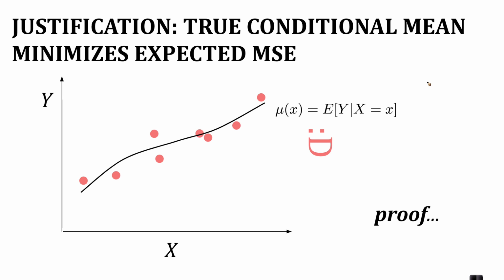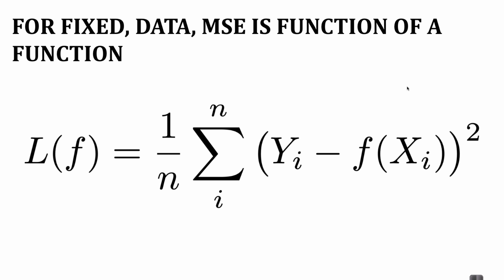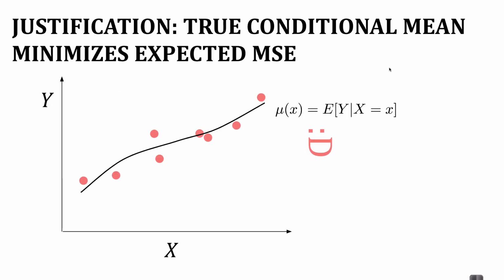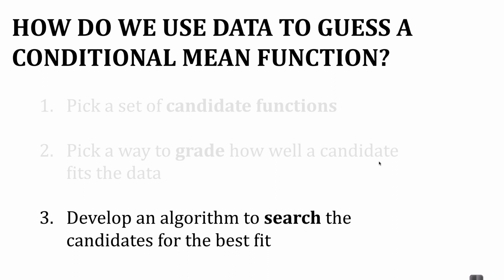We need a way of coming up with a rubric. If our star applicant doesn't actually get the best score for our rubric, then it's not really a good rubric, right? So that's what we're showing here, that this rubric that we have, mean squared error, actually gives us this thing that we're looking for: this top applicant gets the best grade. And we did a little proof for that.